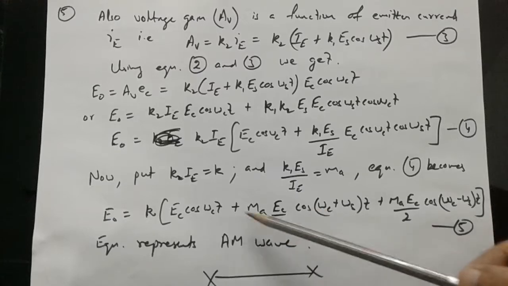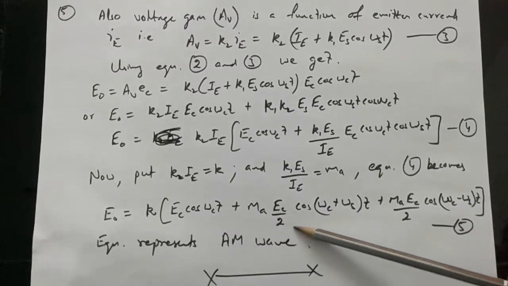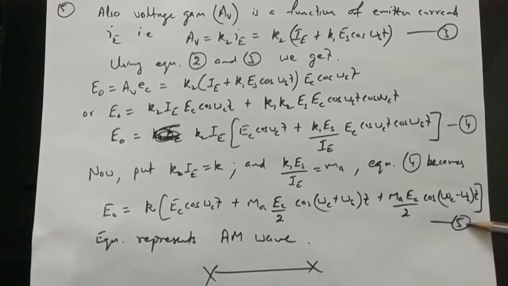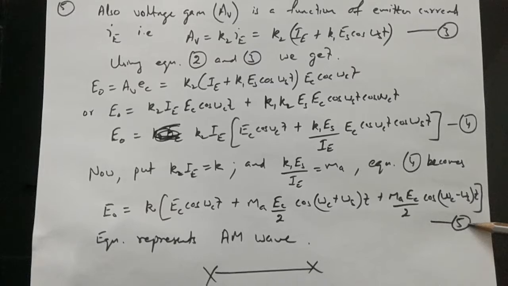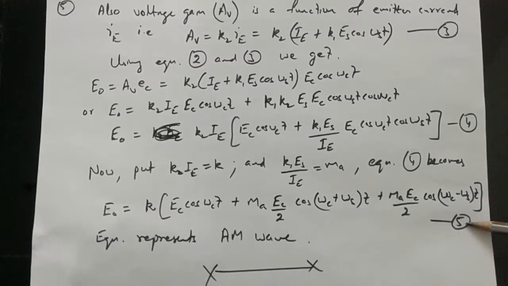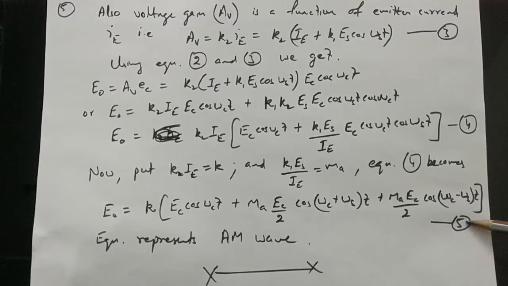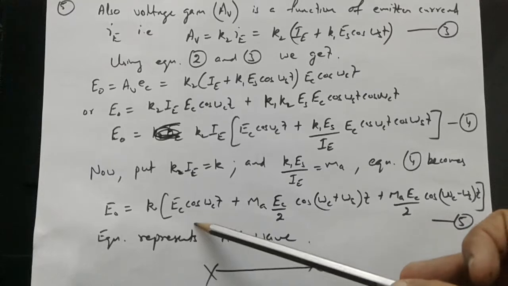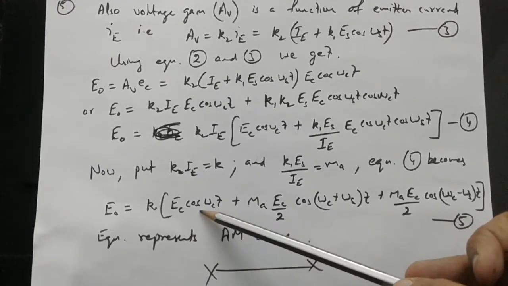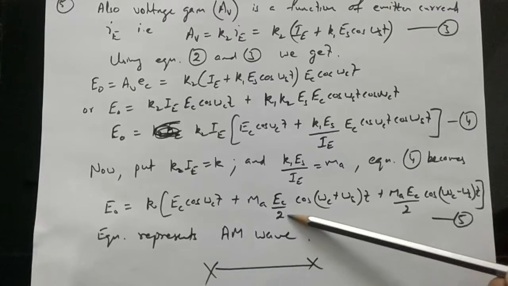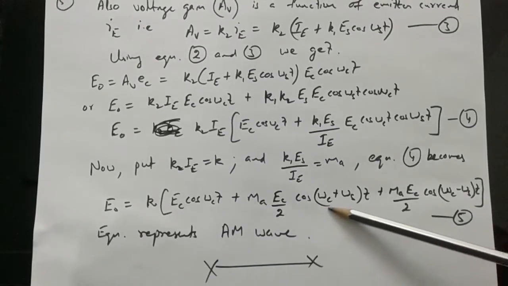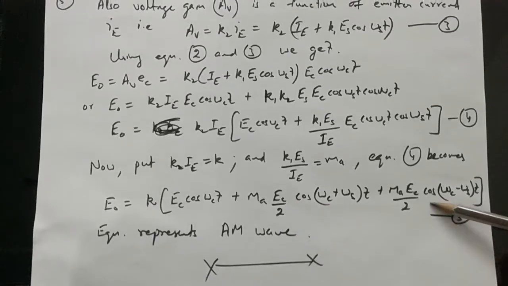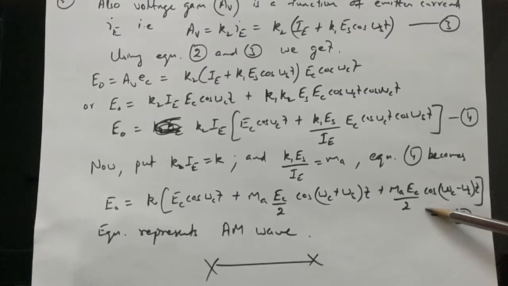We get the equation of AM wave given by equation number 5. You can compare this with the previous article in which we found the equation of AM wave. Here this is the first component, the carrier wave component. The second term is the upper sideband whose amplitude is m_a Ec by 2, and the third term is the lower sideband.